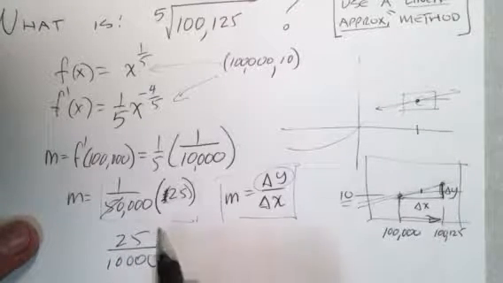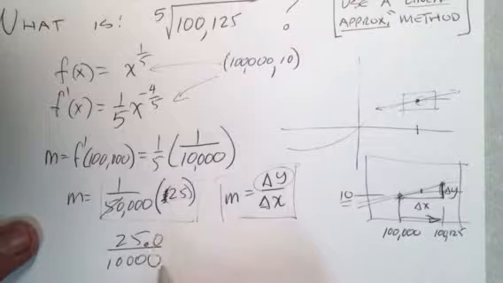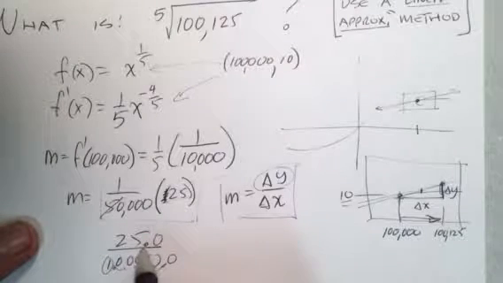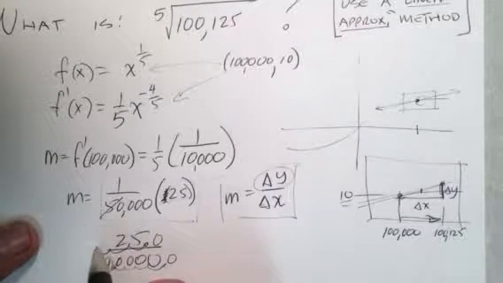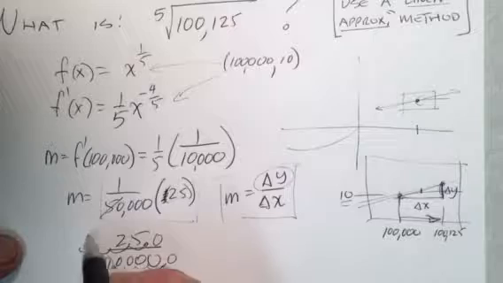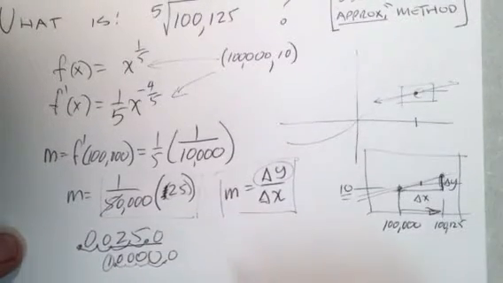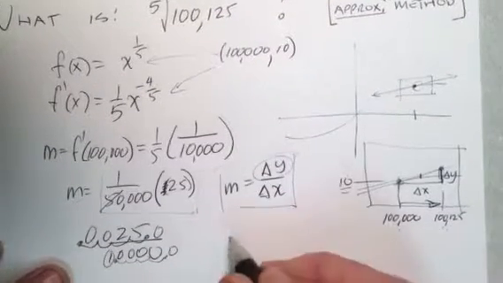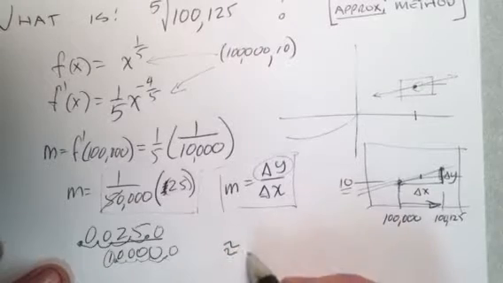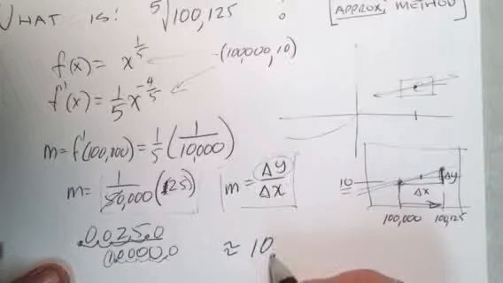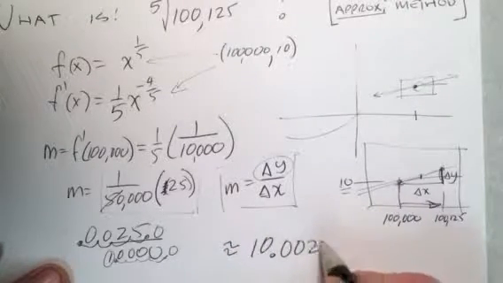Well, that's 4 zeros, so I can put the decimal point there. If I move it 1, 2, 3, 4 places to get it under 1, I've got 0.0025. So I know my approximation for that answer is 10.0025.